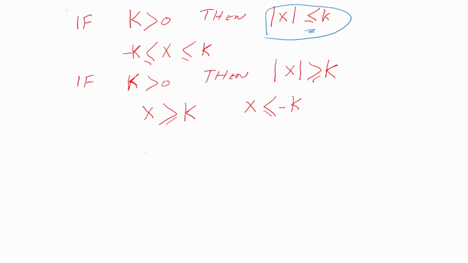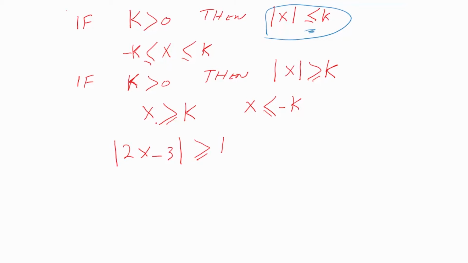So, for example, let's use the same example. So you have absolute value of 2x minus 3. Now instead of less than or equal to 1, make it greater than or equal to 1.